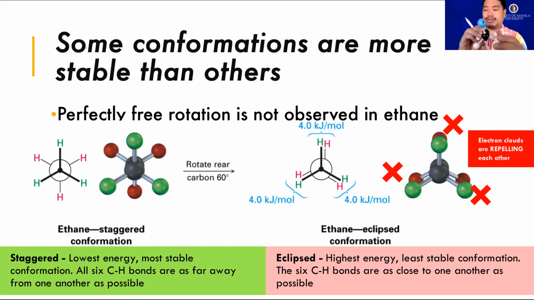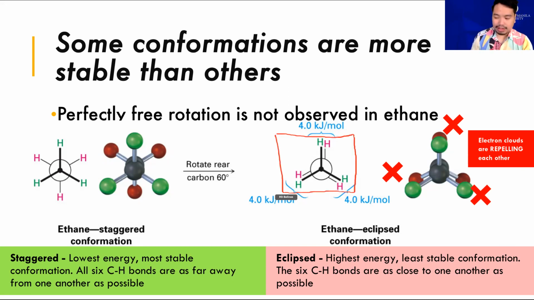Let's go back to this form that we drew a while ago, diba? We had this particular version here, wherein you had your groups all aligned. This Newman projection that we drew a while ago is for ethane. This is called an eclipsed conformation.